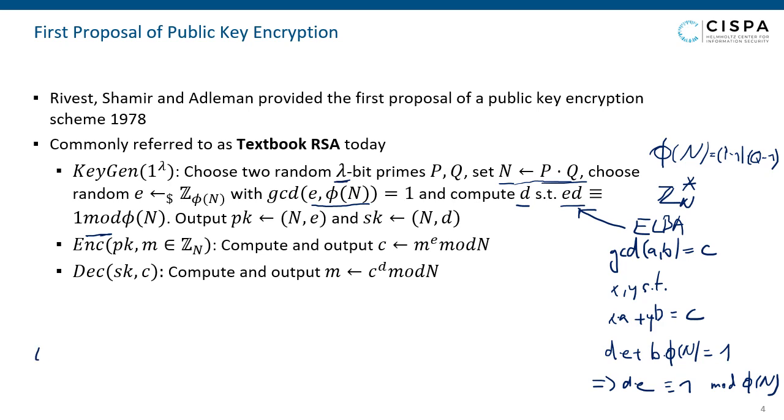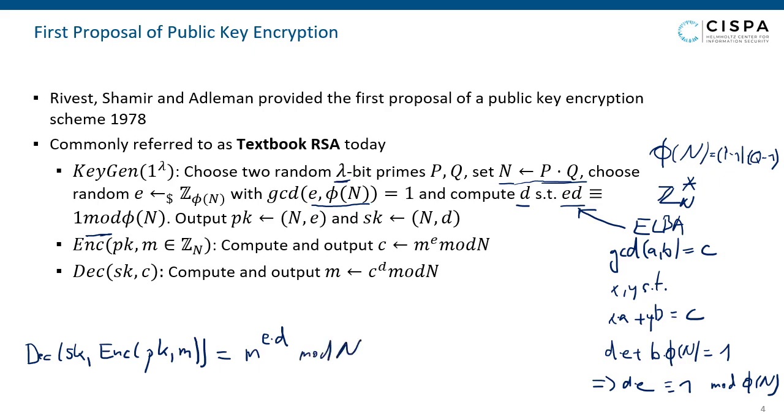Well, if we have decrypt sk of encrypt pk of m, if we write it out, this is just m to the E times D modulo n.